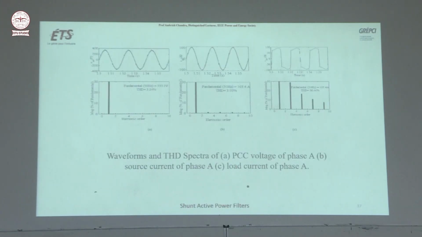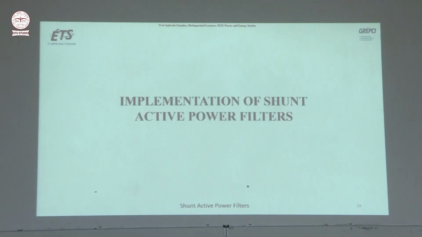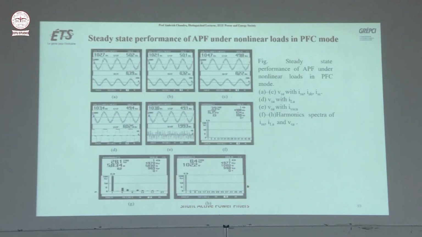Now let us see the THD and those things. These are the experimental results for the APF. This is VSA, the phase A source voltage, and I think the student has put the same source current, although it is written ISA, ISB, ISC.